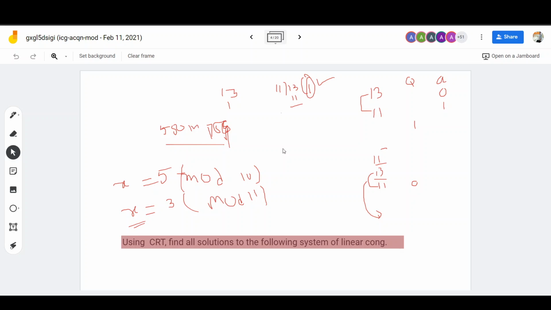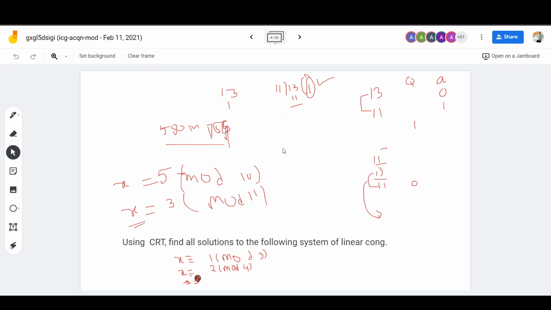So the values are going to be x is congruent to 1 mod 3, x is congruent to 2 mod 4, x is congruent to 3 mod 5.